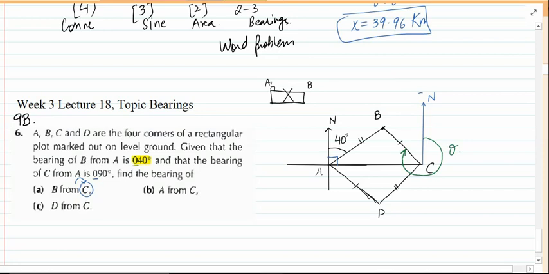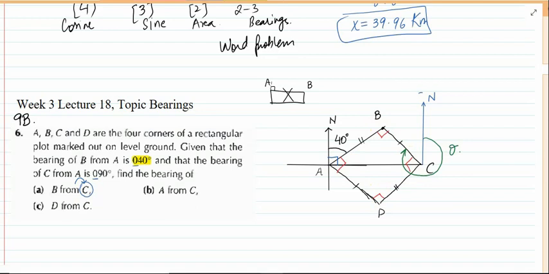Now how are we going to find it? That is the important question. Since it is a rectangle, all angles inside this rectangle are 90 degrees, right?